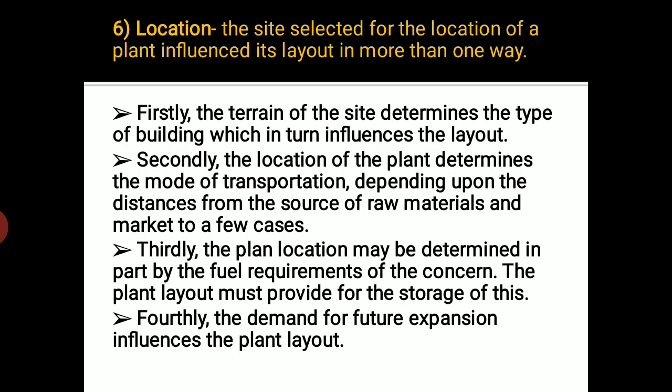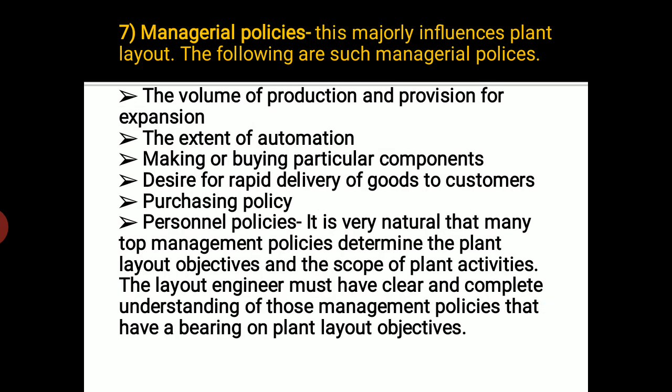That means two more bedrooms may be there, so that we can accommodate all the people. So it is the future expansion that is also kept in mind, and then the plant layout may be accordingly preferred or used.